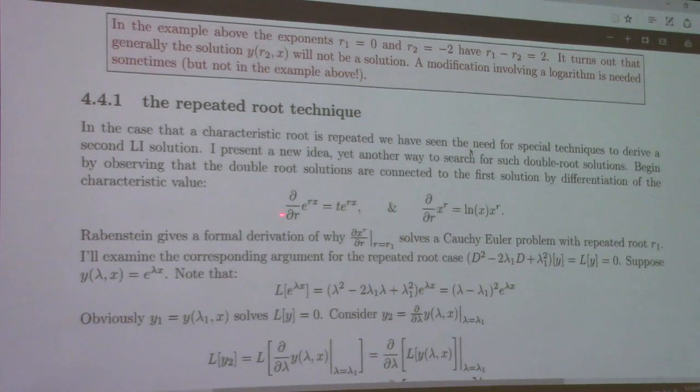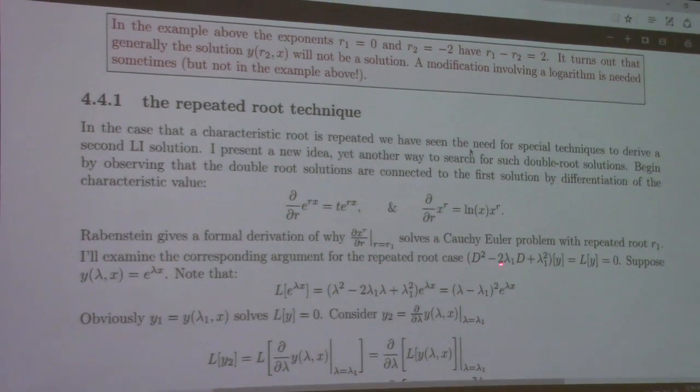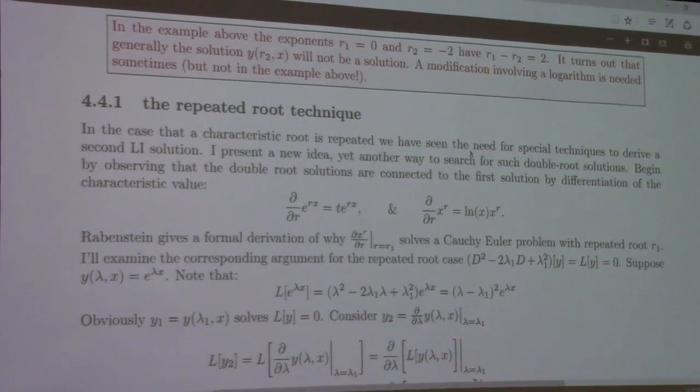So suppose you have a double root in the initial equation, right? Well, let's see here. I think this is a derivation for the Cauchy-Euler problem. I guess actually I'm just doing the constant coefficient case at the moment. So suppose you've got a repeated root constant coefficient differential equation, which would have the form D squared minus 2 lambda 1 D plus lambda 1 squared, y equals 0.